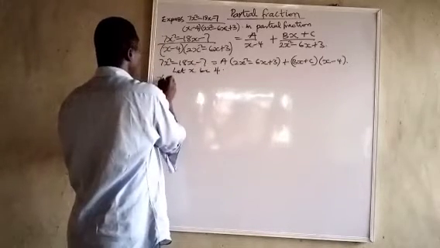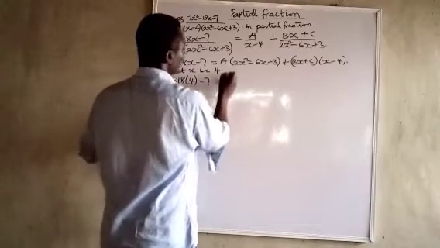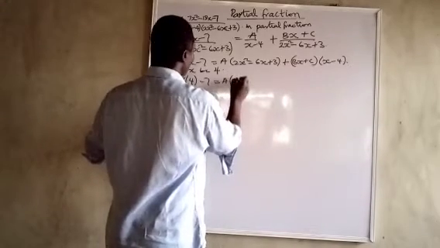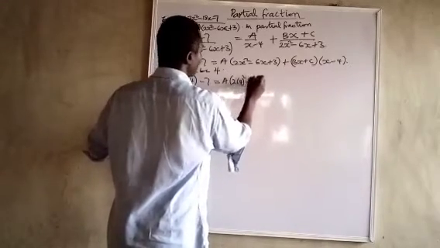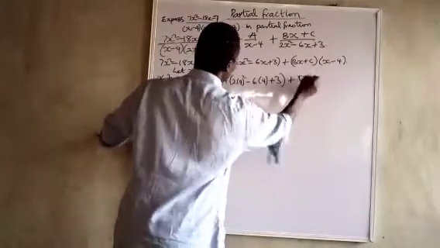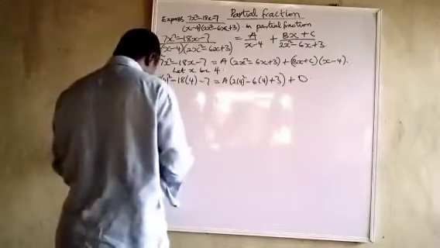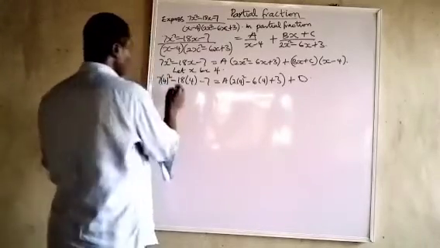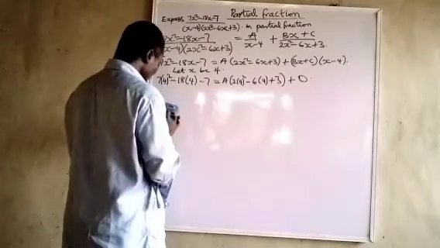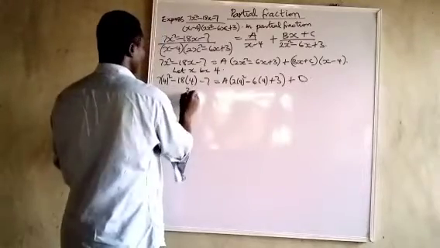We have 7 into 4 squared minus 18 into 4 minus 7 is equal to a into (2 into 4 squared minus 6 into 4 plus 3). This one will be 0. This is 16 times 7, so we have minus 18 times 4 minus 7. So this one gives us 33.